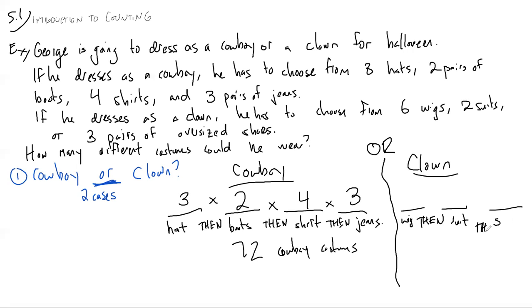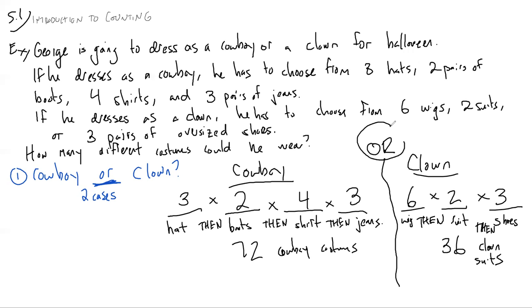And then I'm going to choose my shoes, or George's shoes. And so just those numbers, there's 6 wigs, then 2 suits, and then 3 pairs of shoes. And because of that word then in between all of them, it's a big multiplication. So what we've got here is 6 times 2 is 12, times 3 is 36 clown suits.